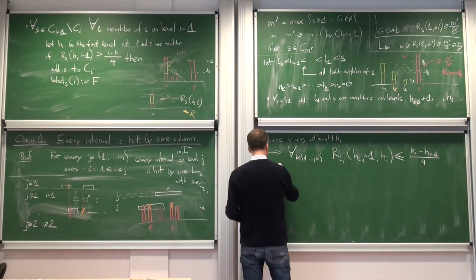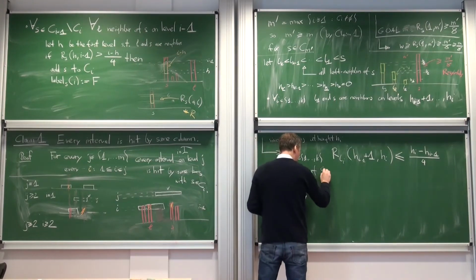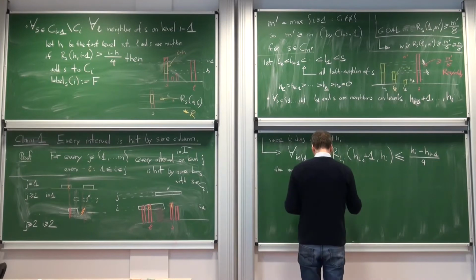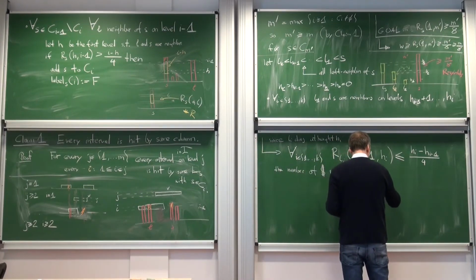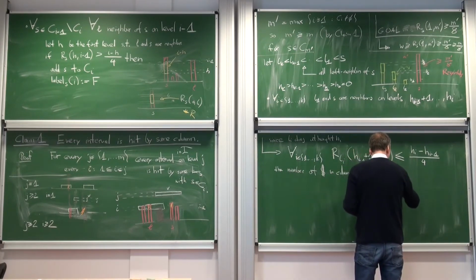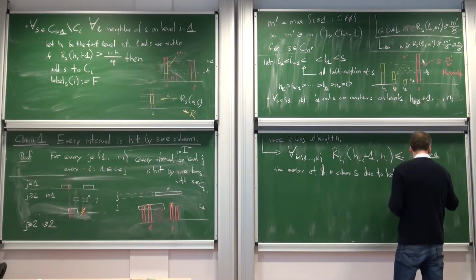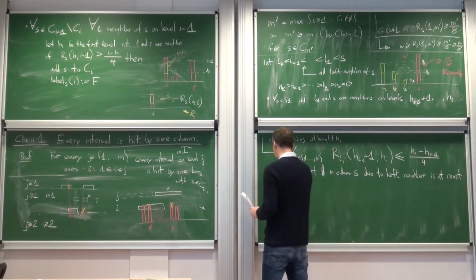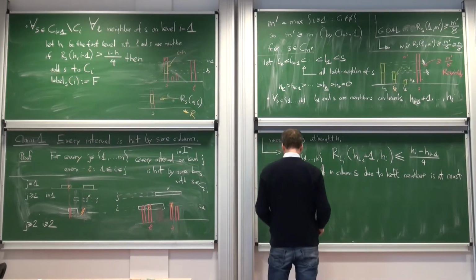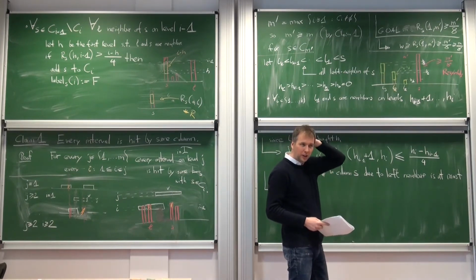The number of dollars in column S due to left neighbors is at most the number of r's that we see on the left neighbors.